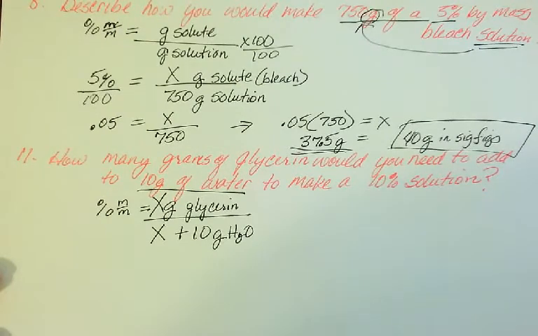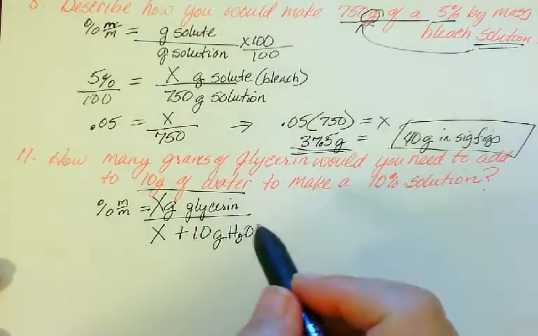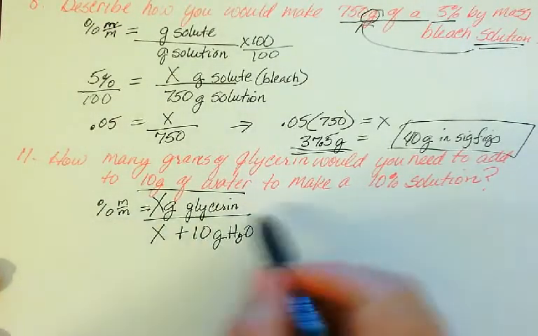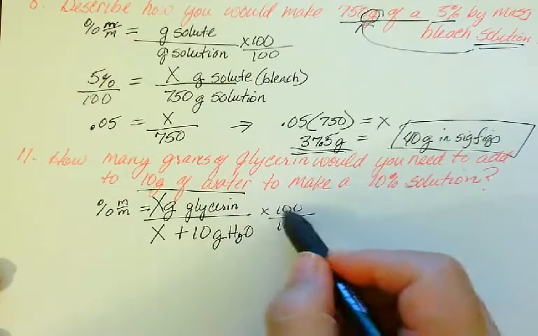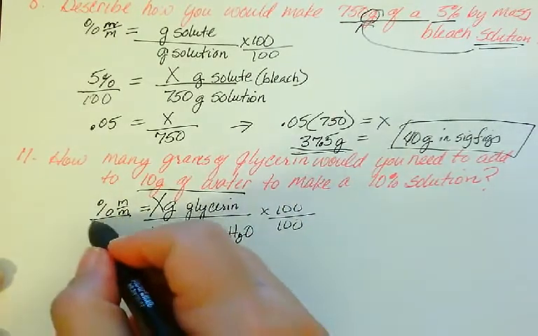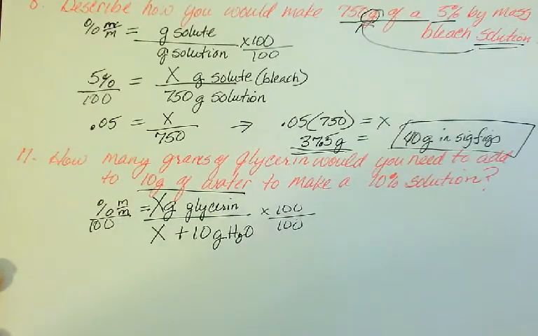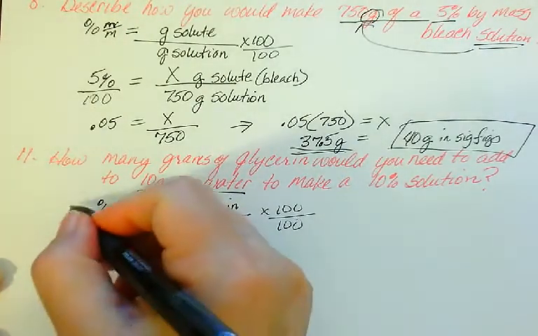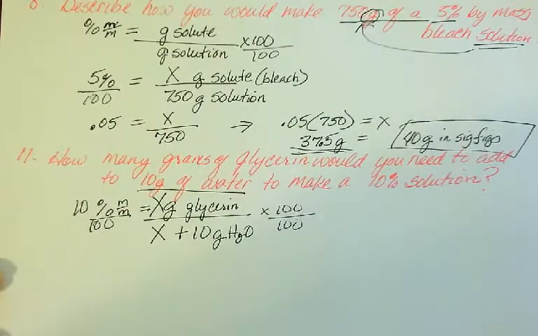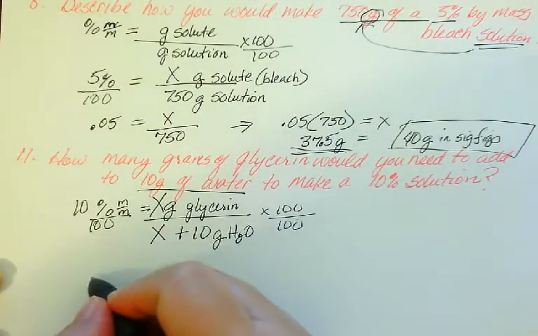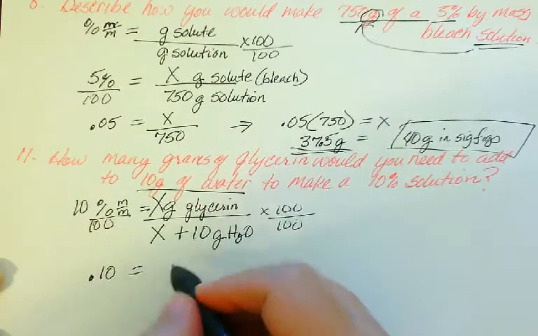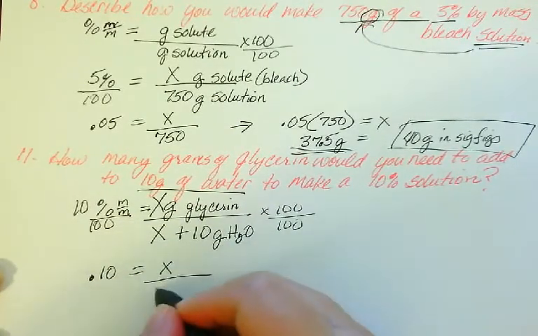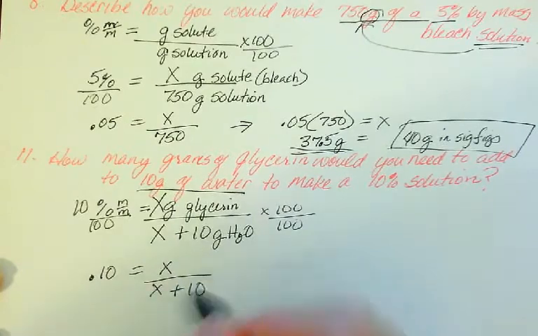Again, we need to divide by 100 because this was part of the original equation. What's the percentage? I have a 10% solution. So 0.10, which is 10 divided by 100, equals X over X plus 10.